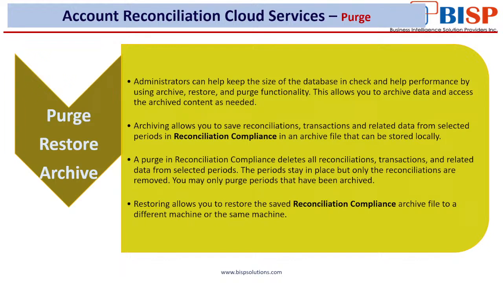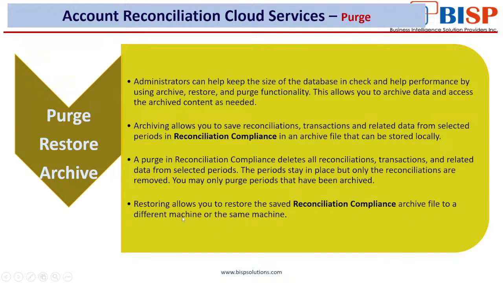Those remain intact. Before purging this data, we can archive it, and if need be, we can restore that archived data. Restoring allows one to restore the saved reconciliation archive file to a different machine or to the same machine.